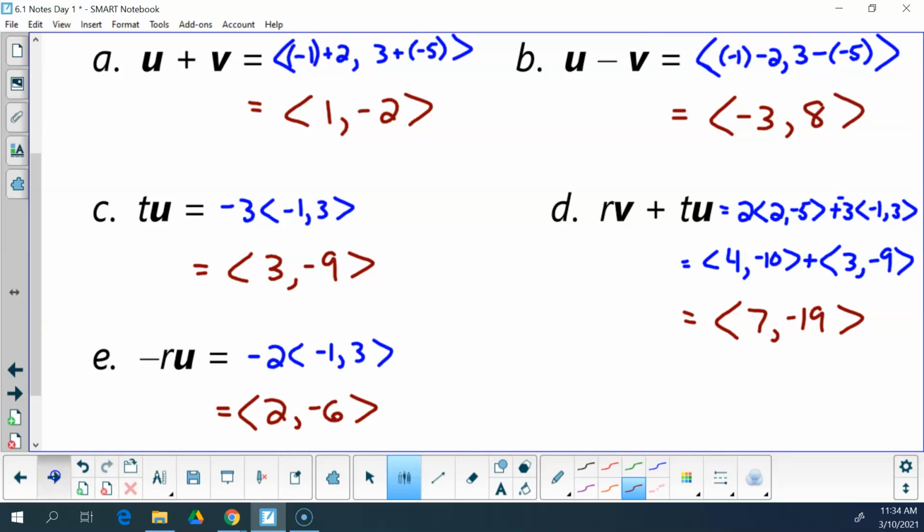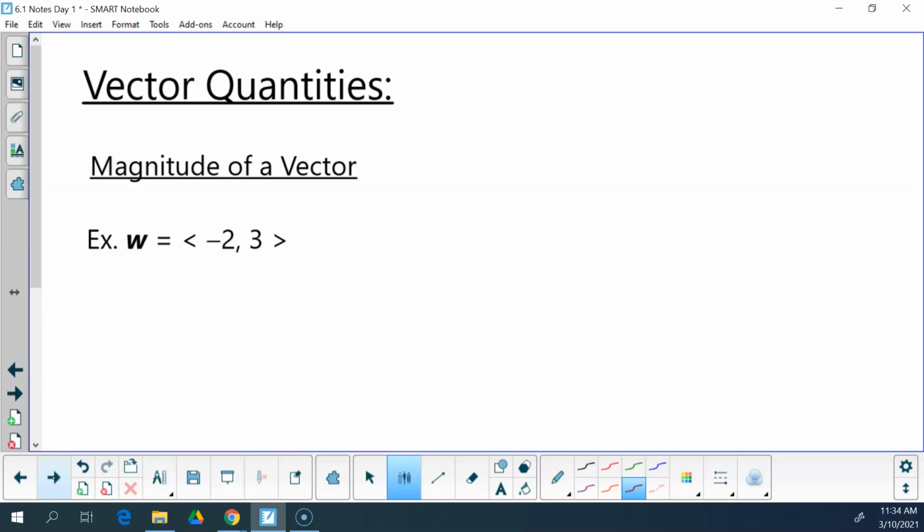Let's dive more headfirst into vector quantities. The magnitude of a vector, remember, was the length of that vector. It has a symbol, and that symbol is a double absolute value.